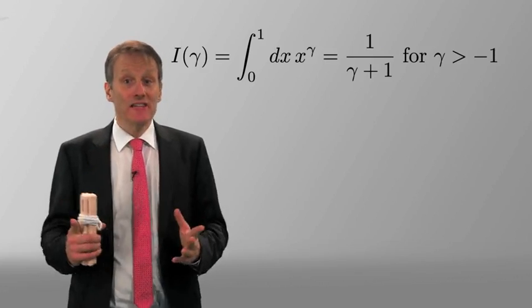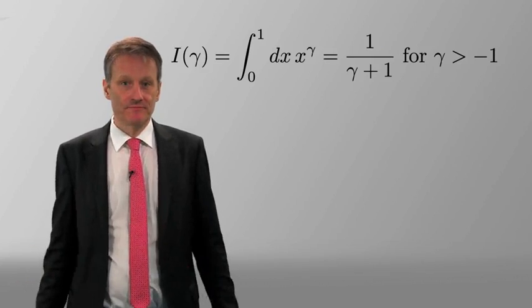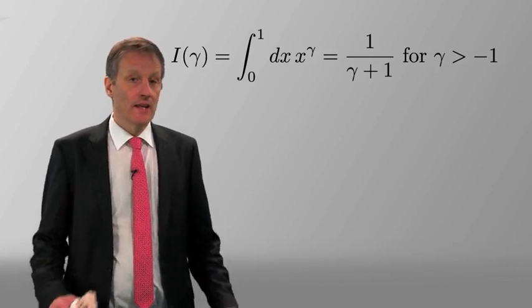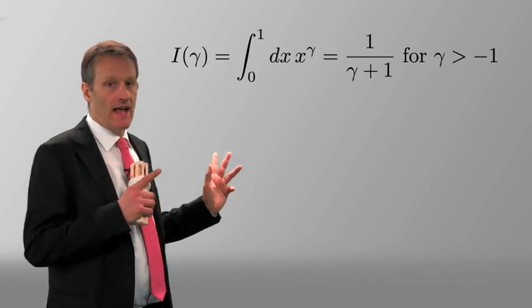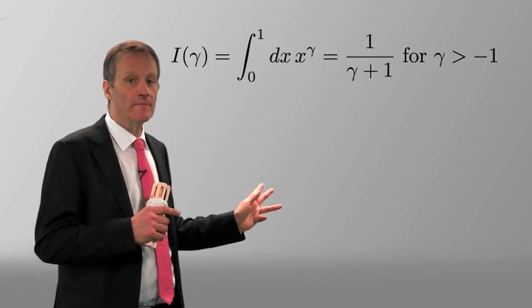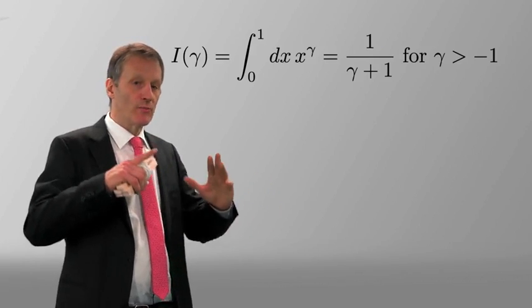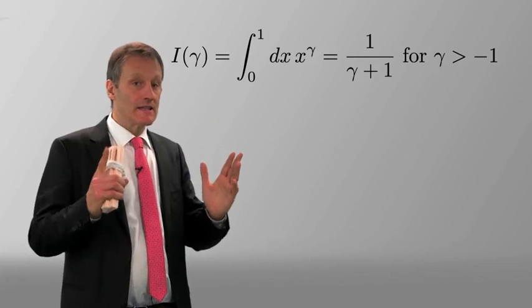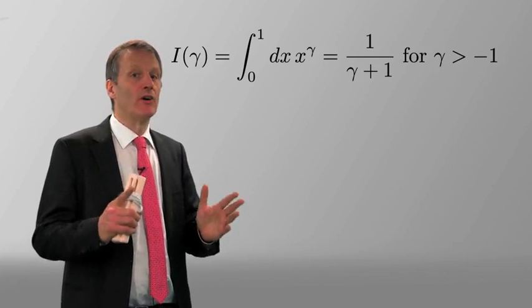So let's do this integral by sampling. Simply take x as a random number between 0 and 1 and compute this random number to the power of gamma.